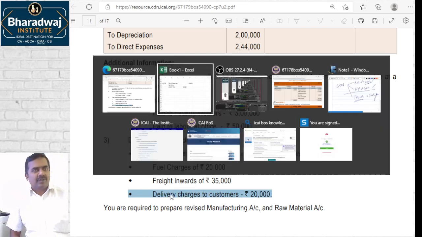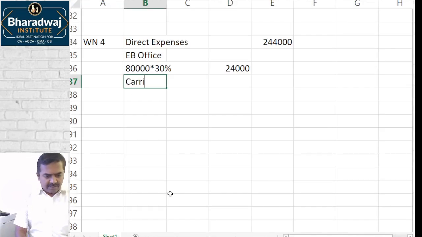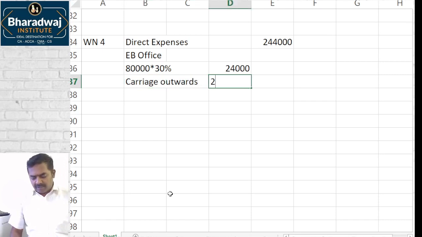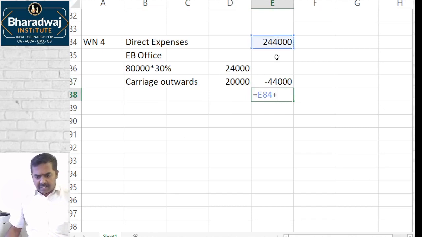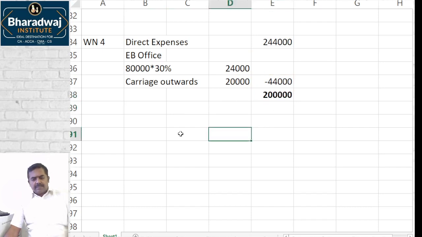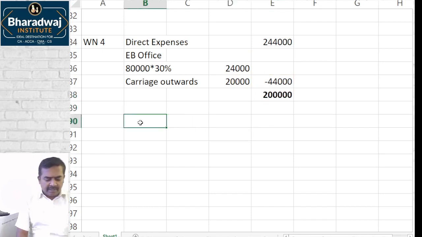In which account should it come? It comes in the P&L account. So less carriage outwards, 20,000. So that 44,000 cannot be included. 2,44,000 minus 44,000 gives net direct expenses of 2 lakhs.